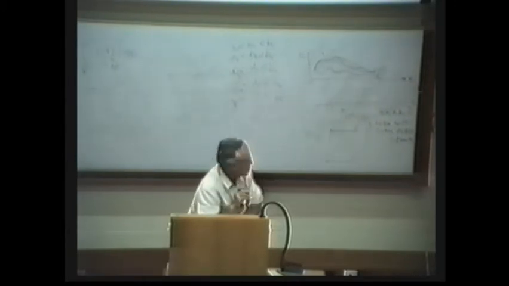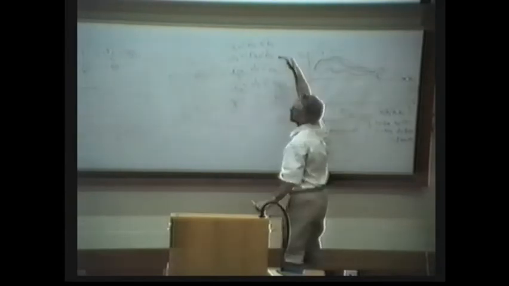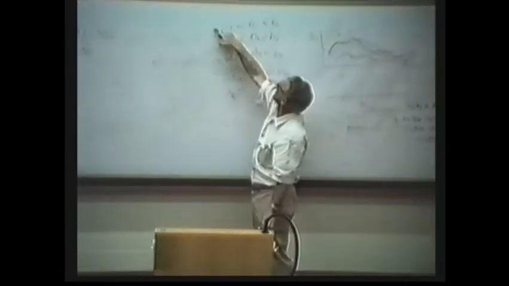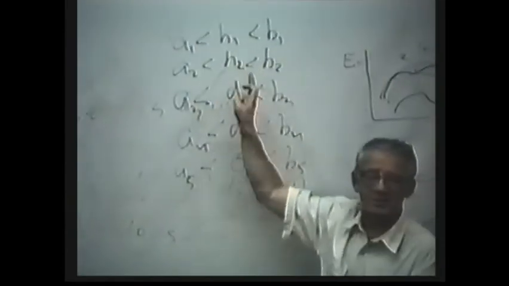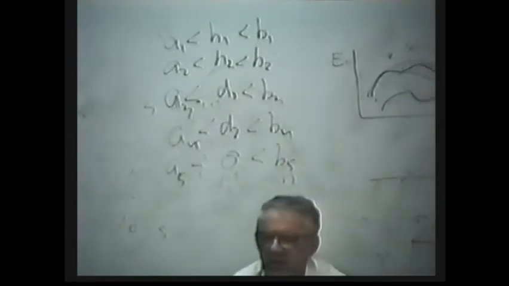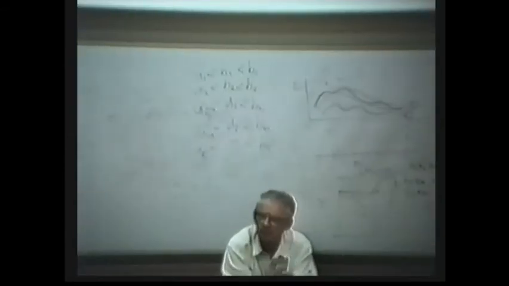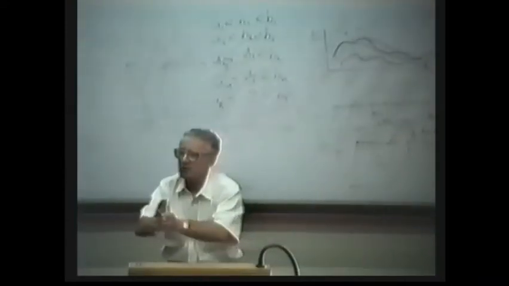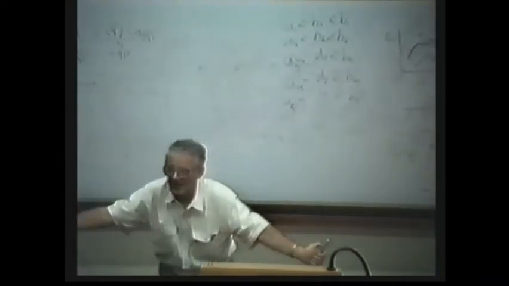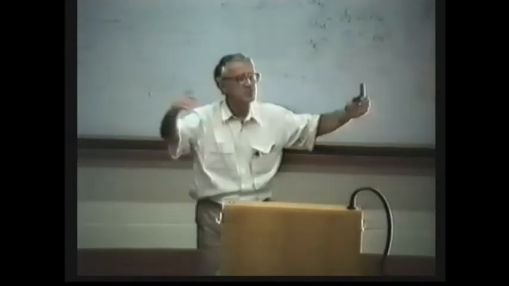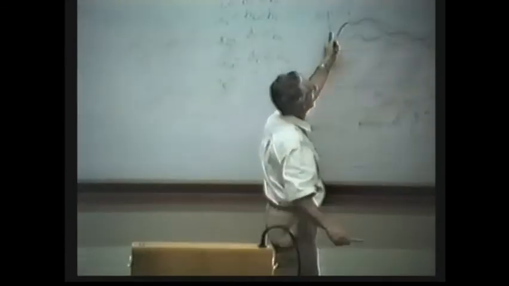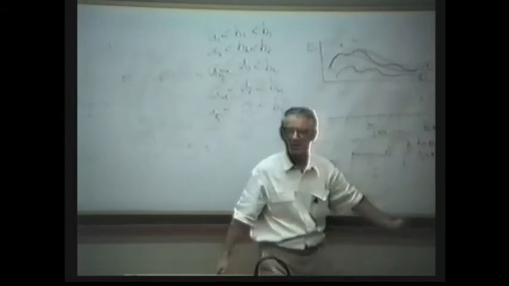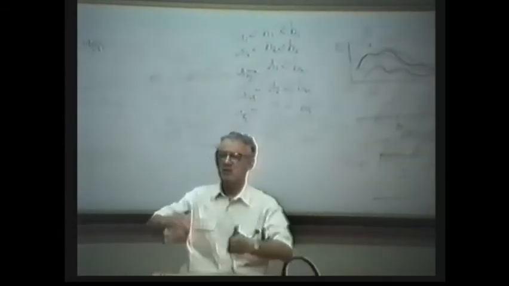So, usually we get the following. Some parameters change in a very small range. Some parameters change in a very wide range. And still the curve remains inside of this strip. What does it mean?